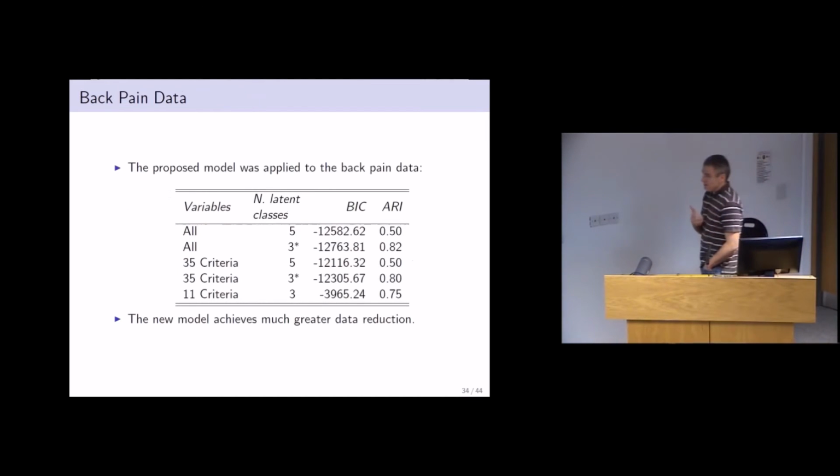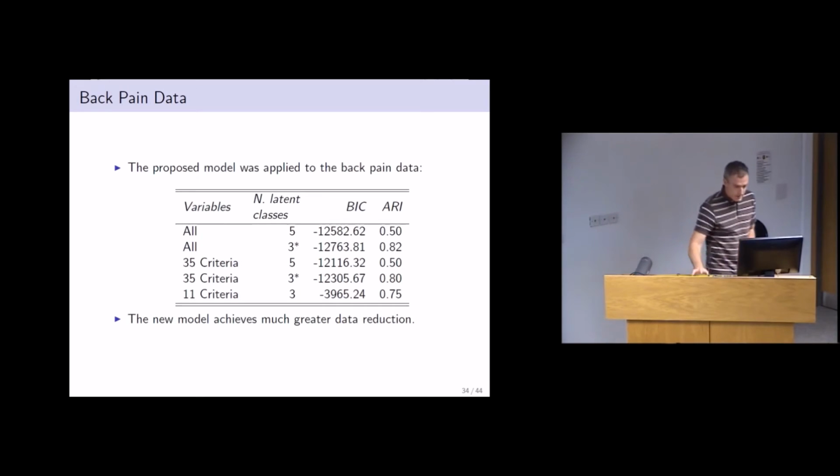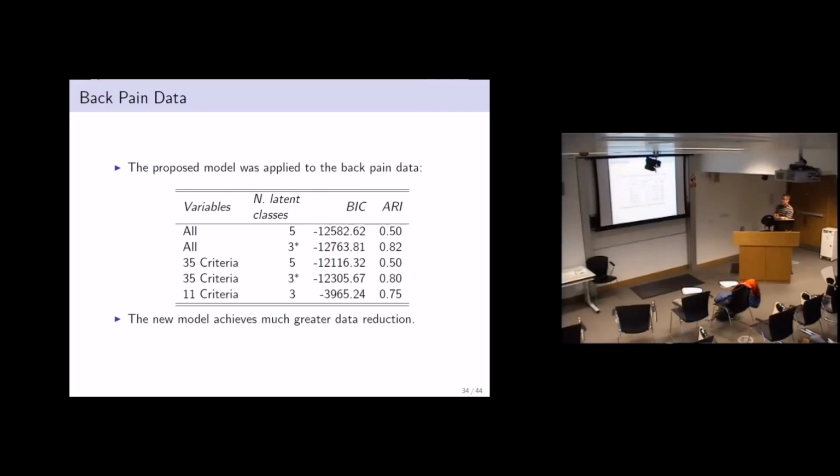Once we changed the model and the algorithm to do this, now these rows aren't all comparable, but basically we found that the last row of this table is the most interesting. The best model we got for the data had only 11 of the 36 variables and actually found 3 groups in the data.